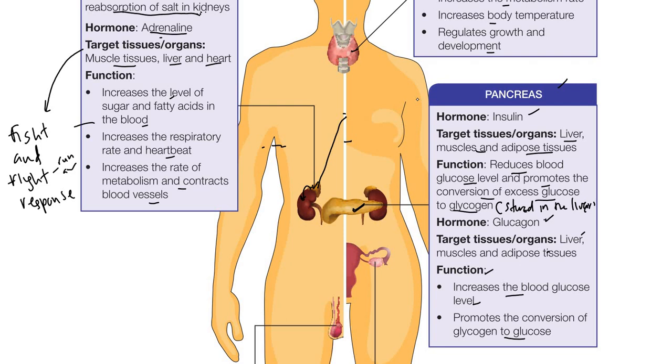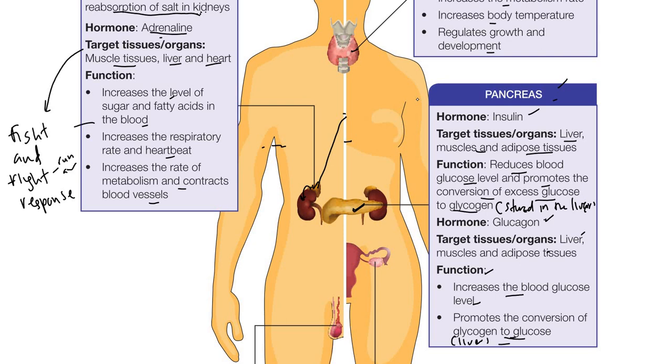This glucagon, secreted by the pancreas, will increase the blood glucose level. How does it increase it? By promoting the conversion of glycogen to glucose. So glycogen in the liver will be converted into glucose, then it will be secreted into the blood circulatory system.